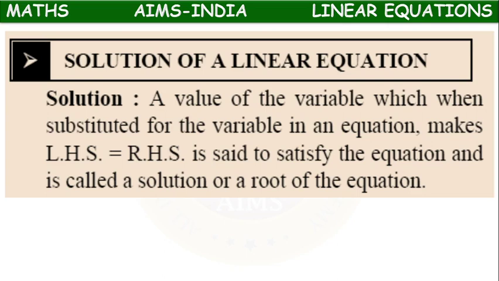So we are telling that linear equation, we are telling that 3x minus 2 equal to 7. So here x is there. x is an unknown value. So we have to find that x.